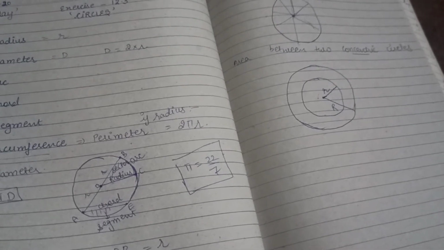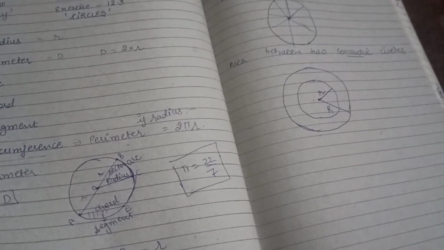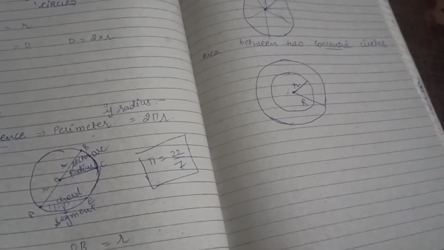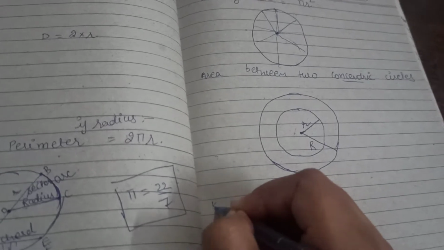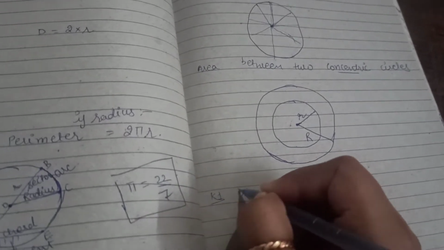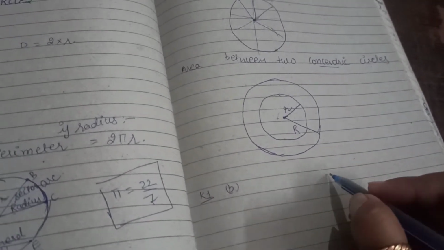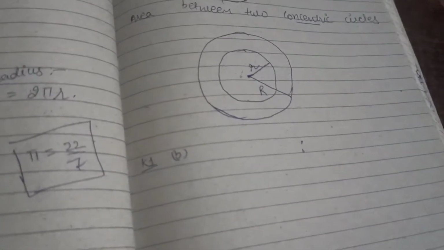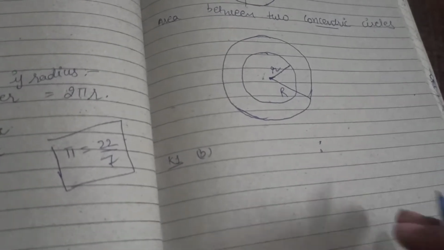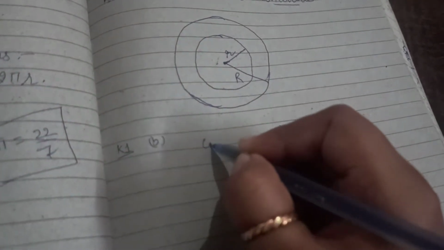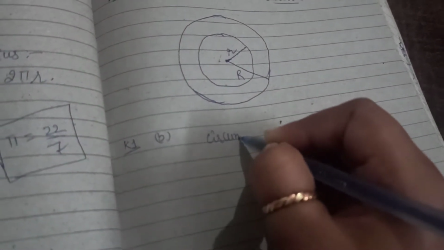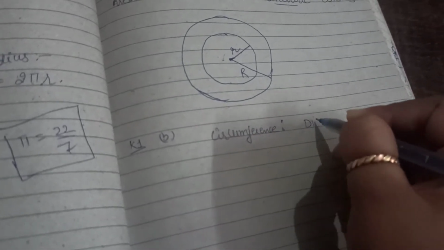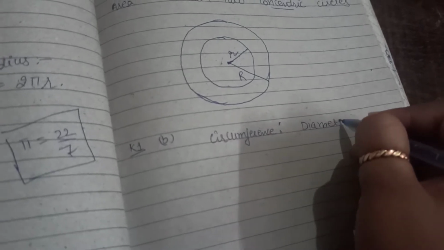Second one: the ratio between the circumference of a circle and its diameter is always what? So how will you write this question? The ratio between circumference and diameter, right?